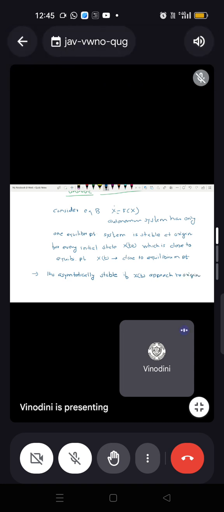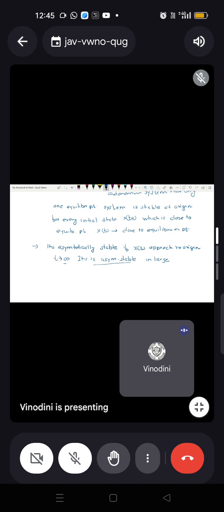But it reaches the origin when t tends to infinity. So it is coming to 0, but when t tends to infinity. So in fact it approaches the origin as t tends to infinity. So there the asymptotic stability comes. So we can say that it is asymptotically stable in large. Why in large? Because of this infinity, we are adding this word. It is asymptotically stable in large.